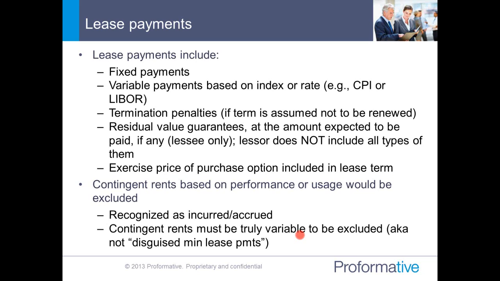So there aren't any minimum payments. They're just a variable rent based on sales. Now, we would all expect that there will be rents due every month. So in that case, since there aren't any contractual rents, but the rents really aren't truly variable payments, an estimate would have to be included because, in effect, there is a minimum lease payment that one could estimate in that kind of a lease.